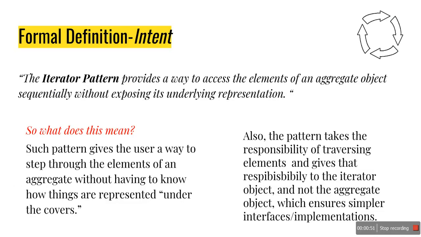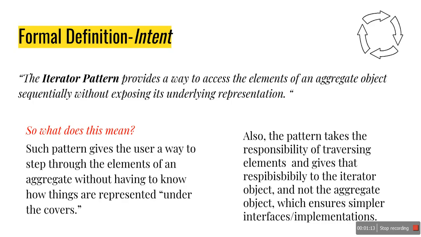So, what is an iterator pattern? The formal definition says that it provides a way to access the elements of an aggregate object sequentially without exposing its underlying representation. So, what does this exactly mean?